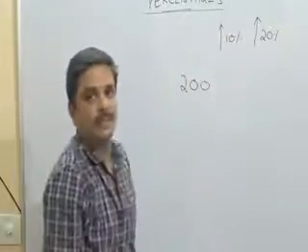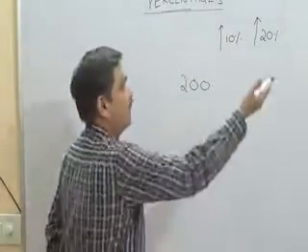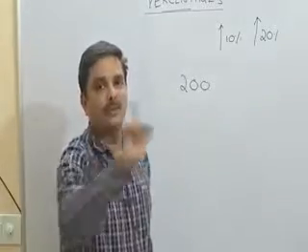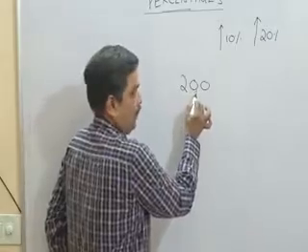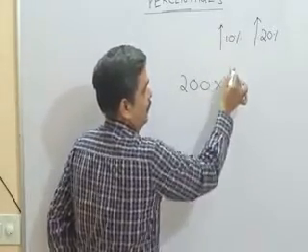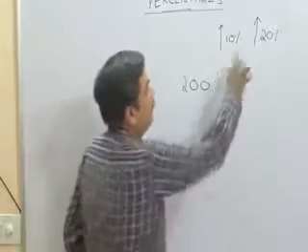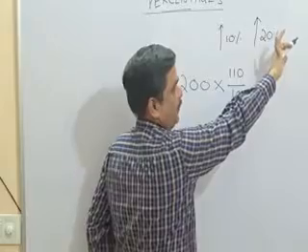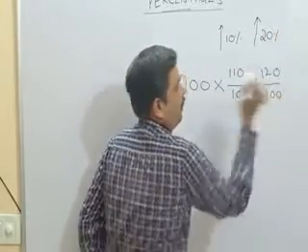In this case, how to take it forward? In one step I need to go for this one. The one step fraction is first I have 200 into, right, increased by 10%, 110 by 100. Alright. Then it is again increased by 20% into 120 by 100.